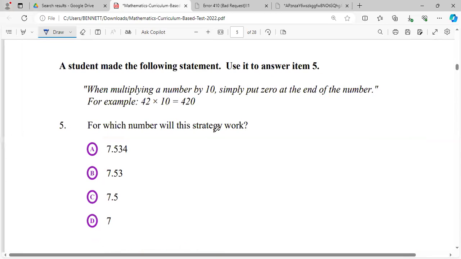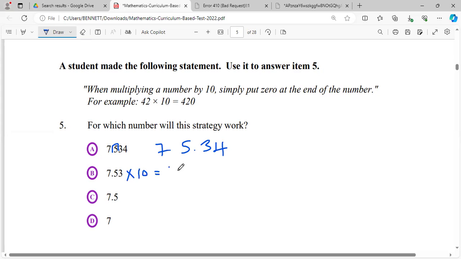Sir, because when you're multiplying decimals, you can't just add the 0, you have to move the decimal places. Yeah. So because of 10, you'd move one place. So this would be 75.34 if you multiply it by 10. All right, very good. B could not be because, as I said, when you're multiplying decimals, you should actually move the decimal point.